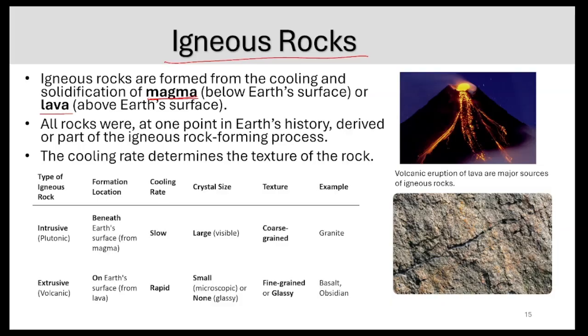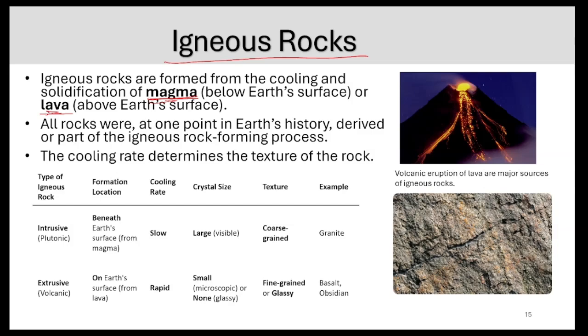Rocks formed below the earth's surface are formed from magma, and on the earth's surface they are made up of lava coming out of volcanoes.